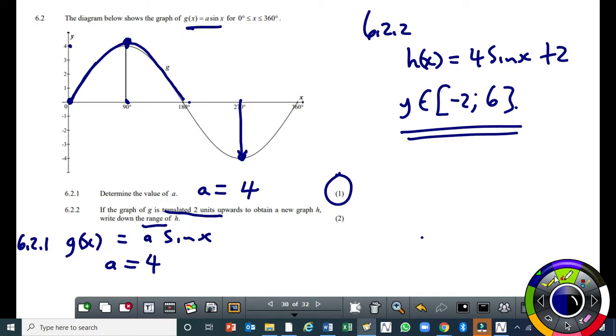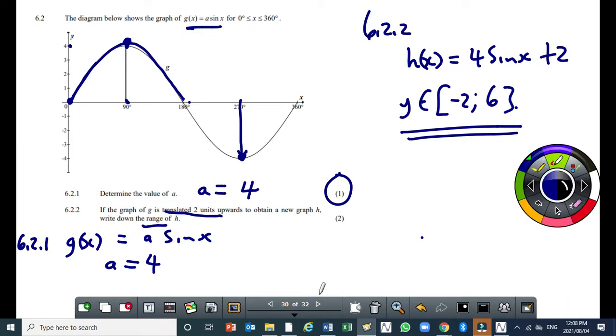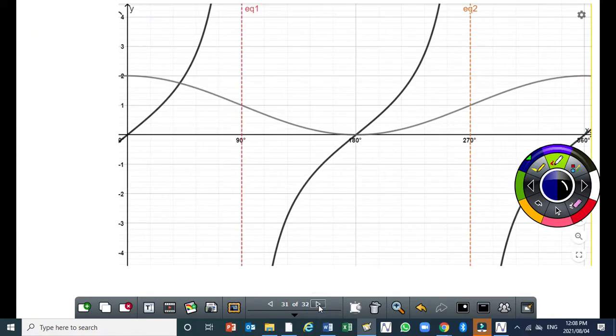All right. Then let's talk about the last question quickly. These are the 2 graphs. The first one will be f of x equals 2 tan x.